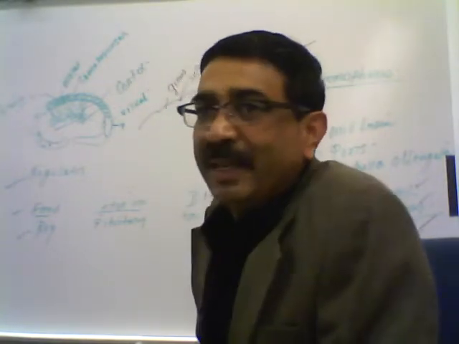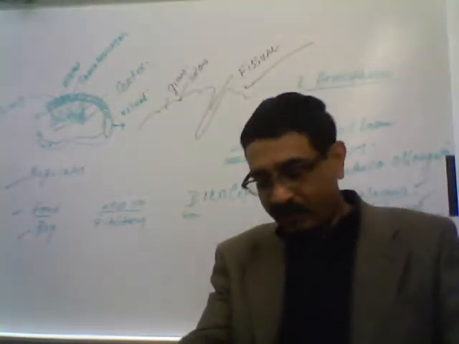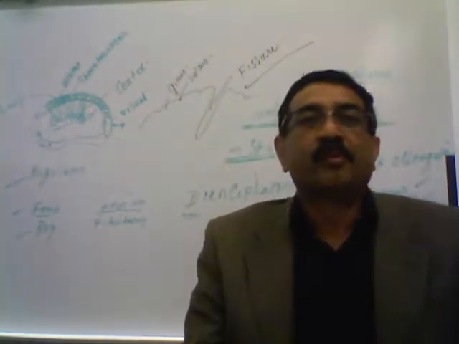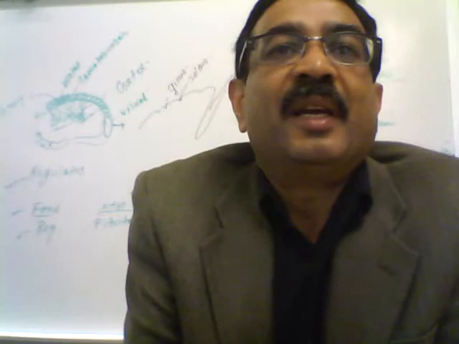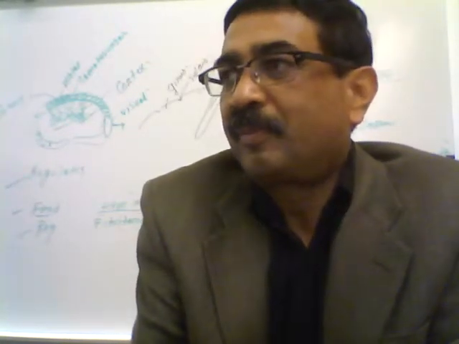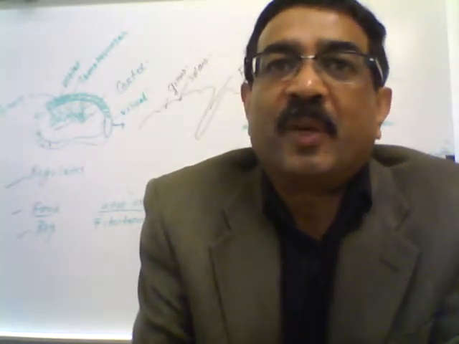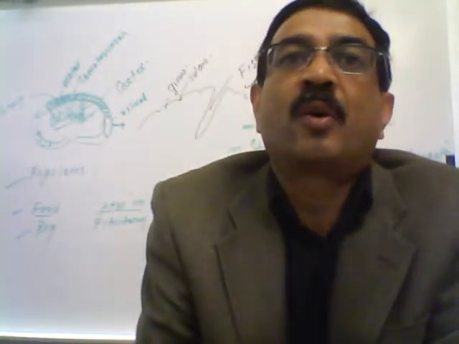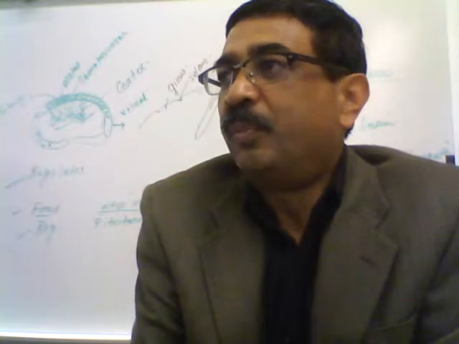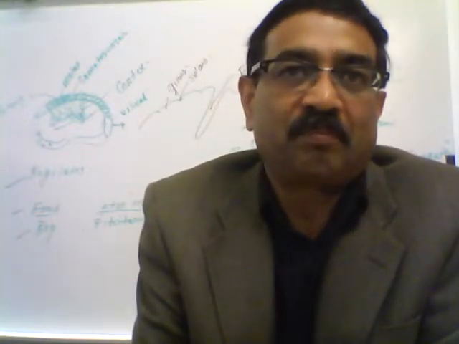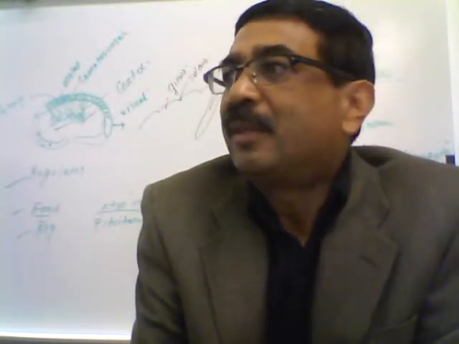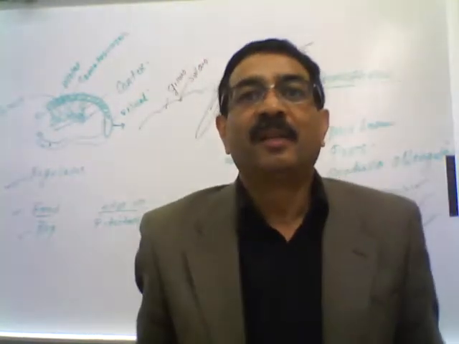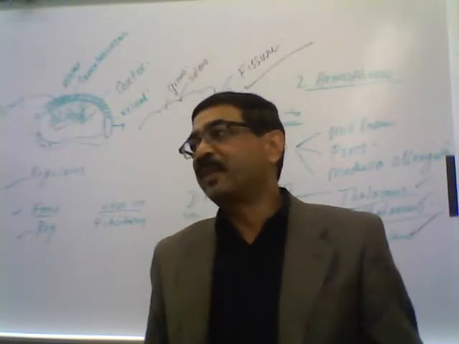Broca's area is also known as the speech area. Why? Because this area sends signal to the vocal cords when you produce speech. Okay, so that's the speech area or Broca's area.